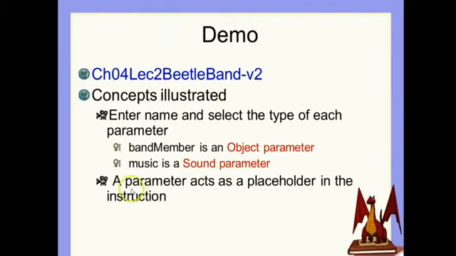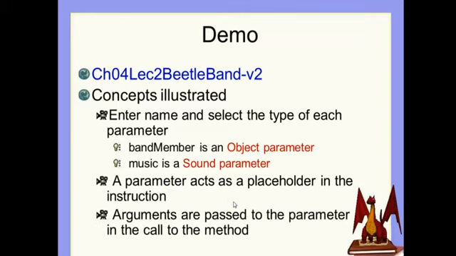Another idea, and this is going to be something you have to puzzle over a little bit: a parameter acts as a placeholder in the instruction. So it was generally band member, and then when I needed to be specific, I could choose who I wanted it to be. And arguments are passed to the parameter in the call to the method. So when we called solo, that's when it asked what do you want specifically to have happen.